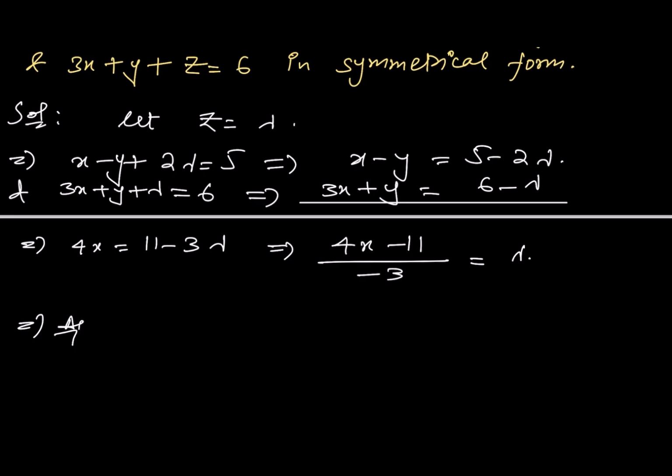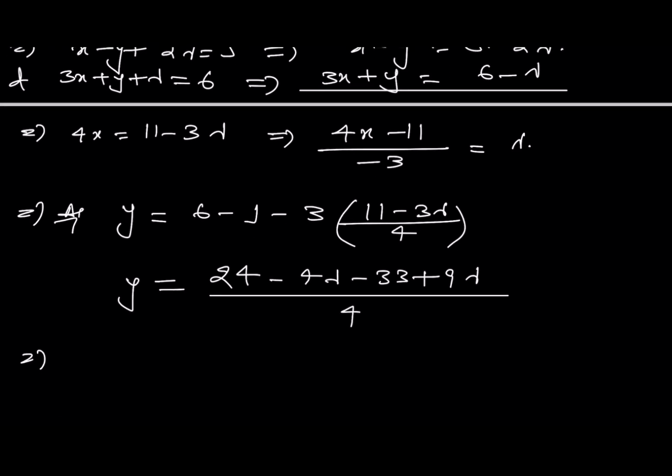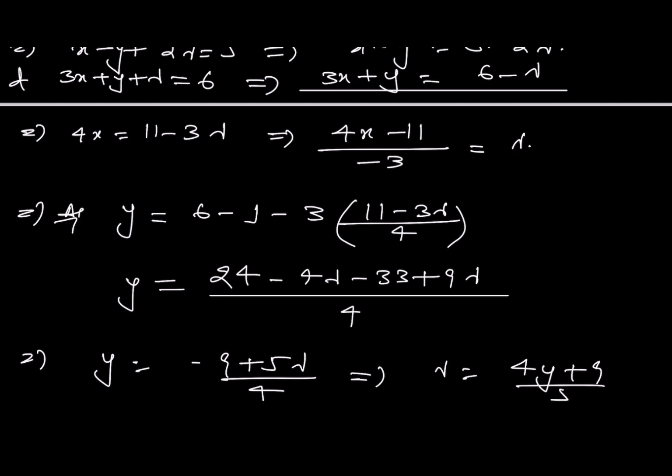So y is equal to 6 minus lambda minus 3x. x is (11 minus 3 lambda) by 4. So (24 minus 4 lambda minus 33 plus 9 lambda) by 4 is equal to y, or y is equal to (minus 9 plus 5 lambda) by 4, or lambda is equal to (4y plus 9) upon 5.